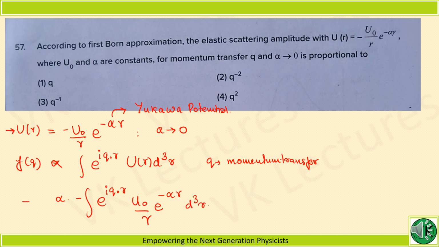This is what we need to find, and this potential when alpha is tending to 0.